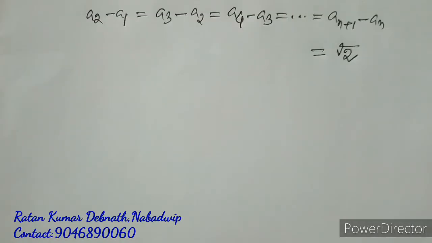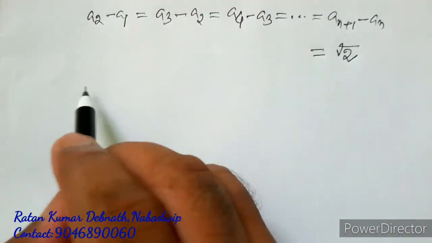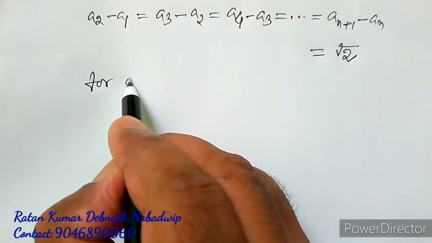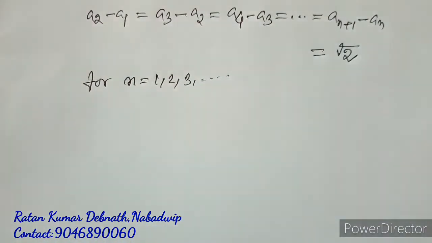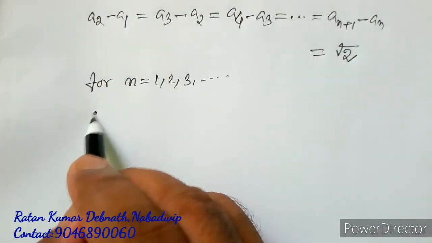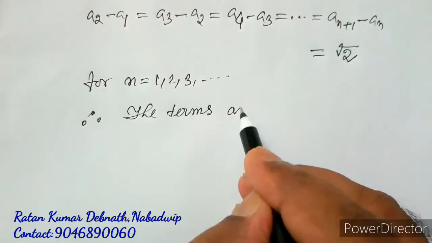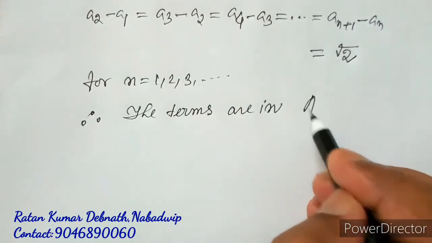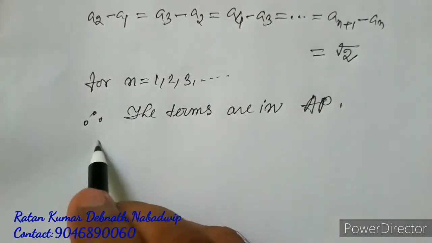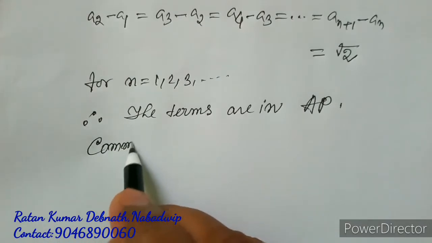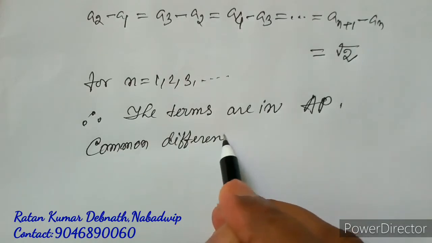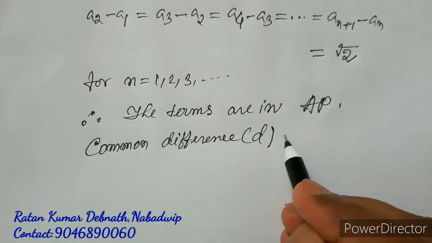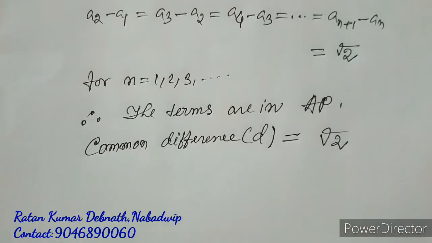That is, the differences are equal for n equal to 1, 2, 3, etc. Therefore, the terms are in AP, and common difference d equal to root 2.